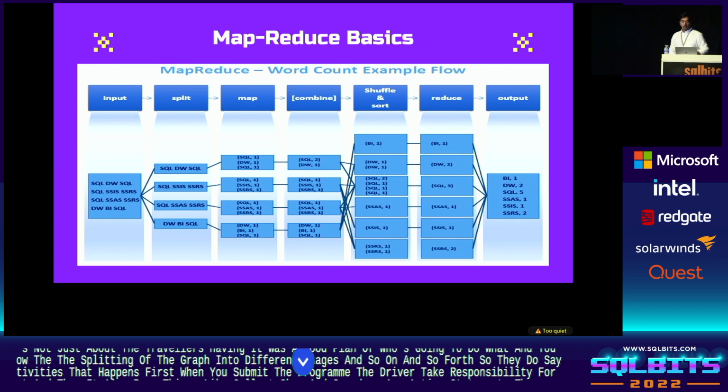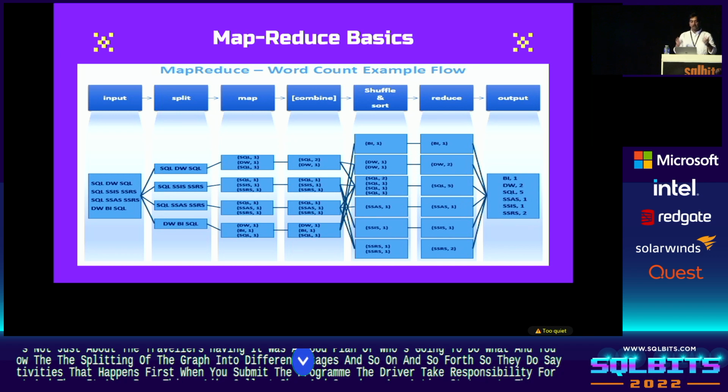Right, just a refresher again: what is MapReduce? Think about this whole operation, left to right, happening in memory in Spark. What we are doing here is a simple word count. You have simple words like SQL DW, SQL SSIS, and things like that, which I'm hoping you are familiar with.